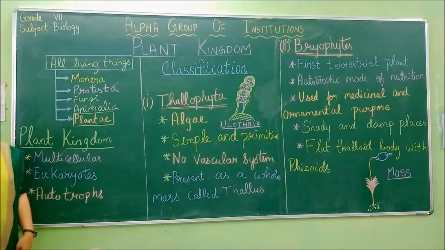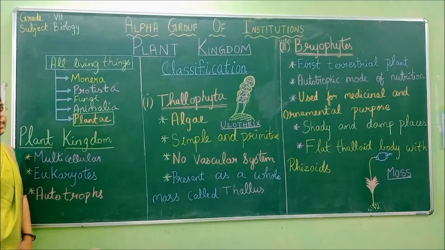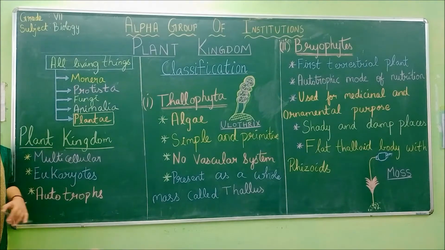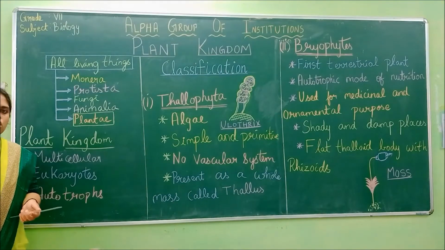All plants are multicellular. Multicellular means many cells. Many cells function together to form an organism, that is a plant. If you take a hibiscus plant, inside that there will be many thousands of cells.